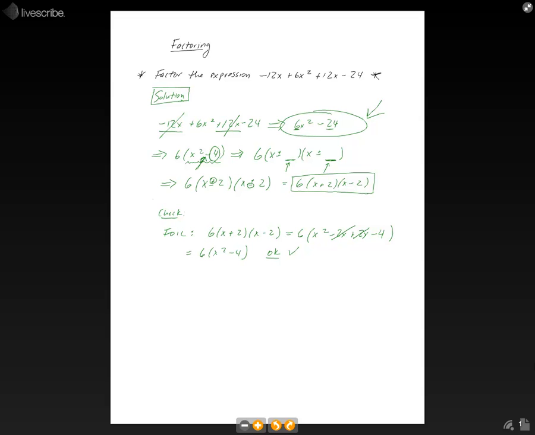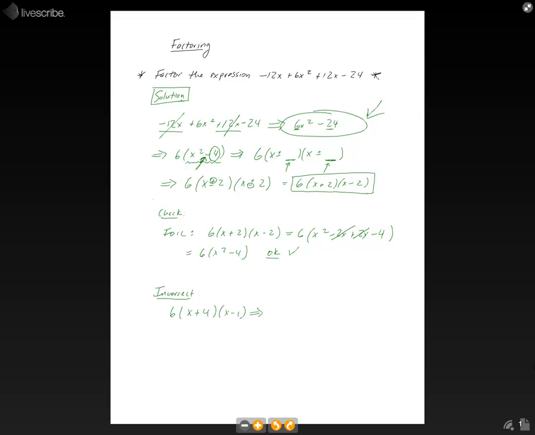Now what would it look like if you had factored it incorrectly? Let's suppose that instead of choosing 2's, you had chosen a 4 and a 1, because 4 times 1 is 4 as well. Let's see how we would recognize that as wrong. Let's suppose we chose x plus 4 and x minus 1 as our factors.